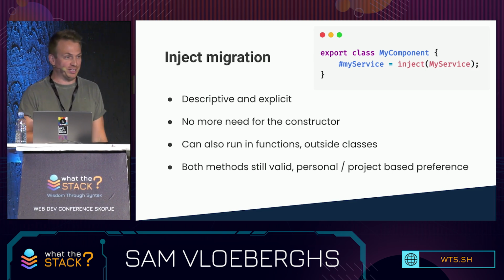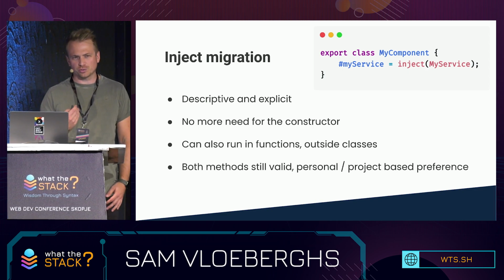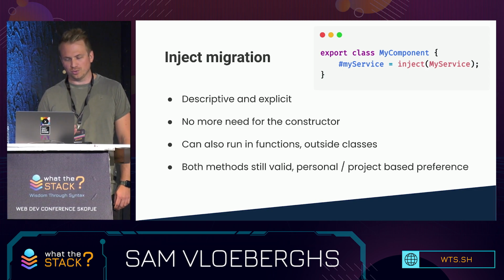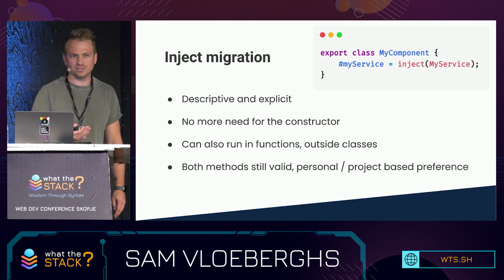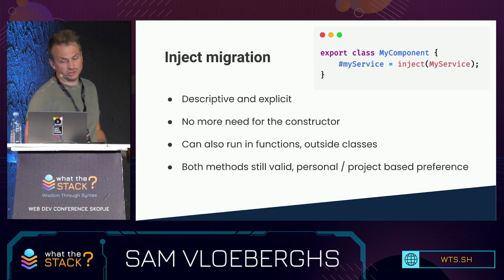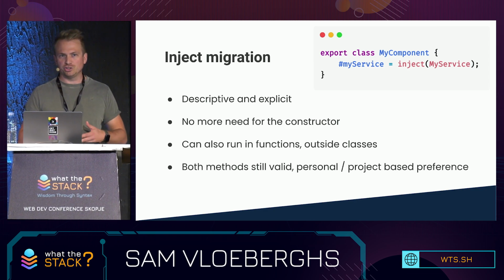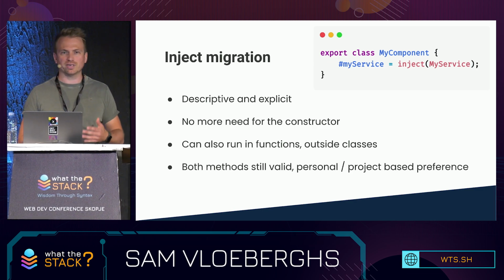First of all, you won't be needing the constructor anymore in your components. And it's also very descriptive and explicit code. In this case, it really reads like you're injecting some dependency into your class, as opposed to constructor-based injection, where the injection process is more of an in-the-background kind of process.